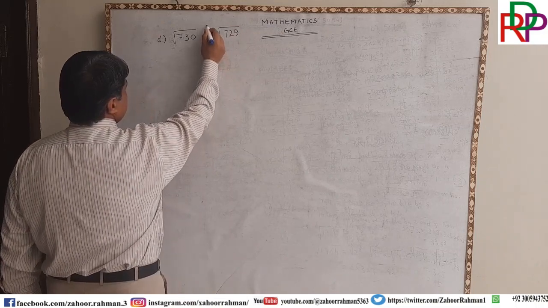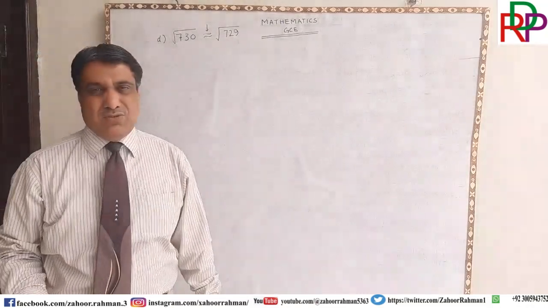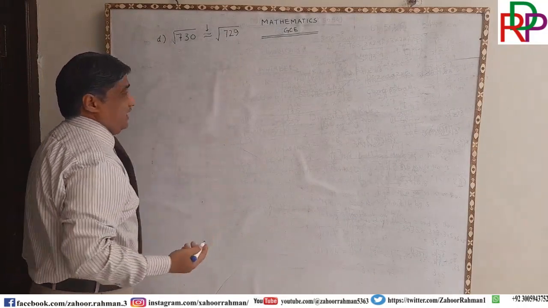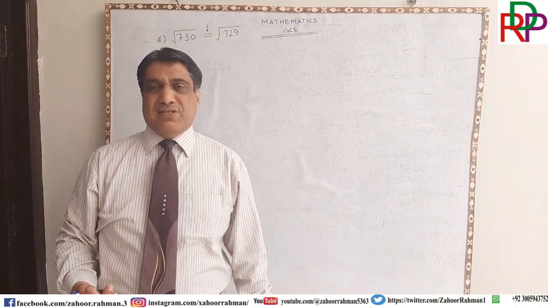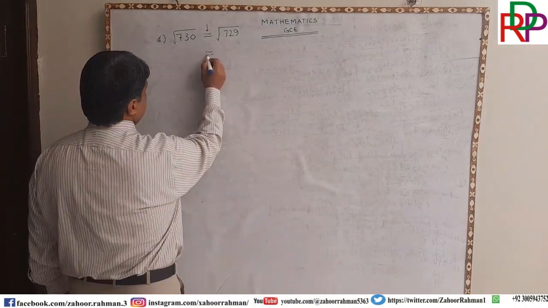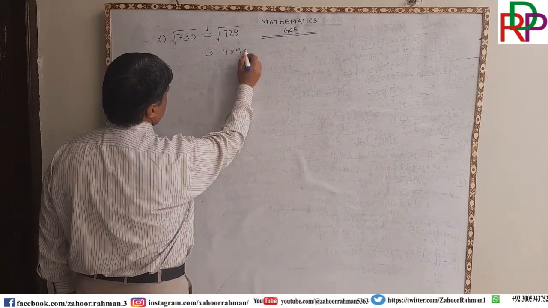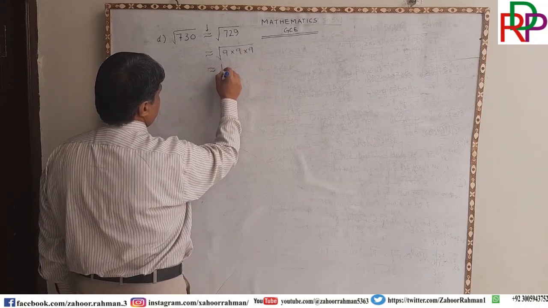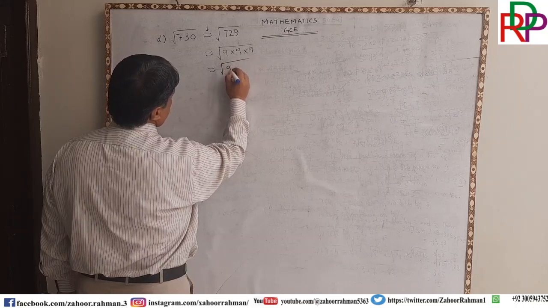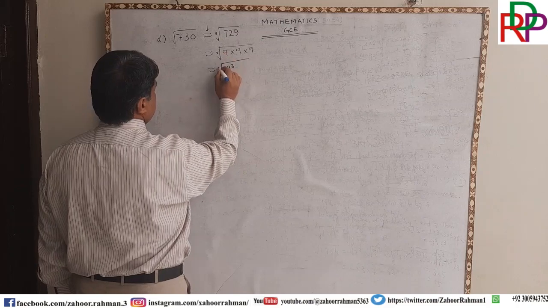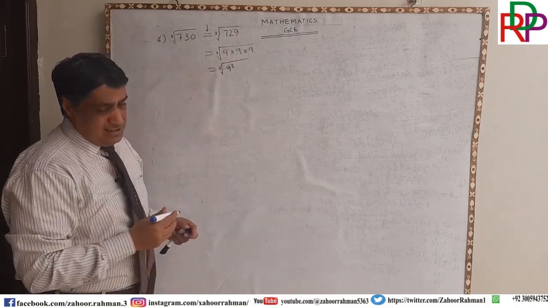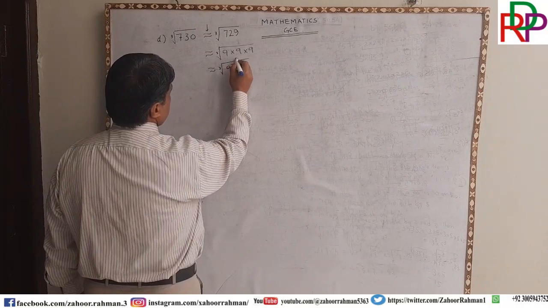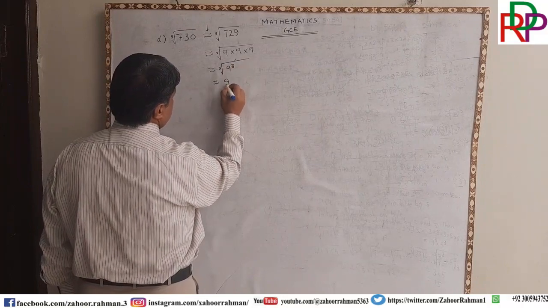Because I changed the sign from perfectly equal to nearly equal, I can write 729. Why did I write 729? Because 729 can be written as 9 times 9 times 9, under the cube root. So it is nearly equal to 9 cubed, and these are all cubic roots. So the cubic root can be cancelled with this cube, so 9 is the answer.